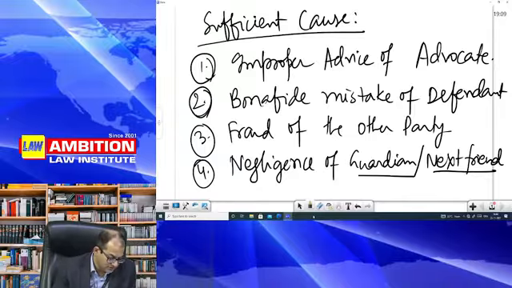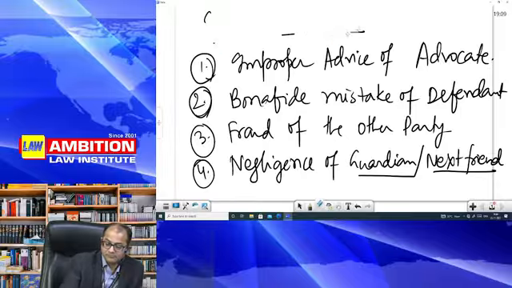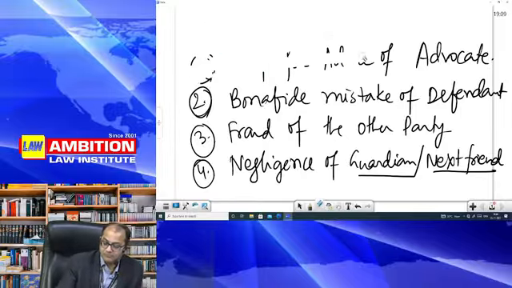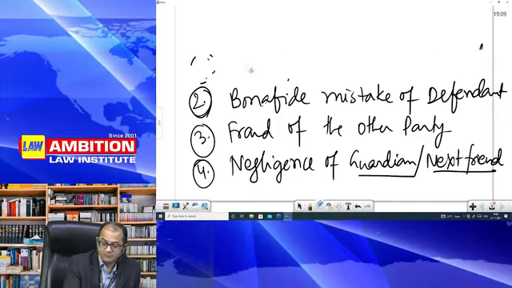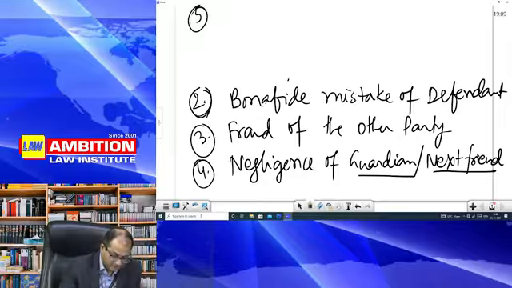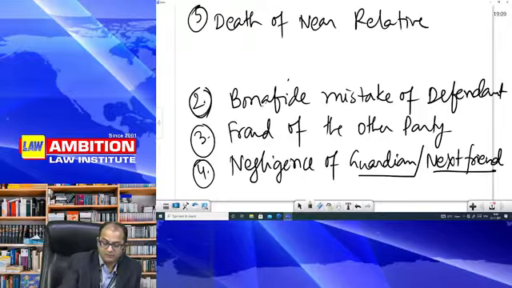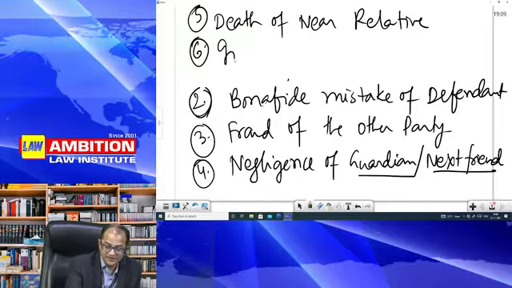So this can be sufficient cause. Then number five, death of near relative. Imprisonment.